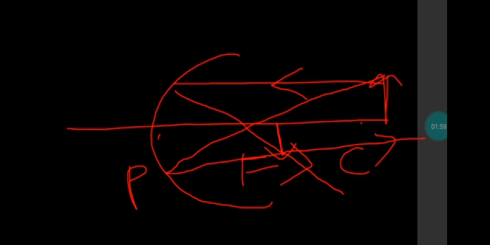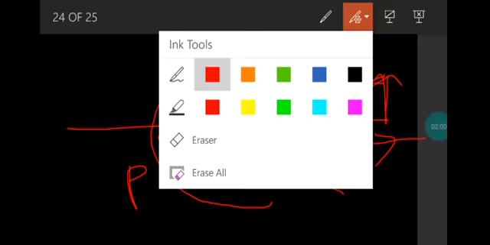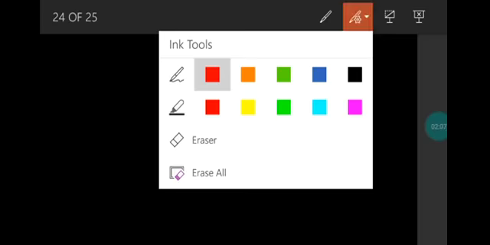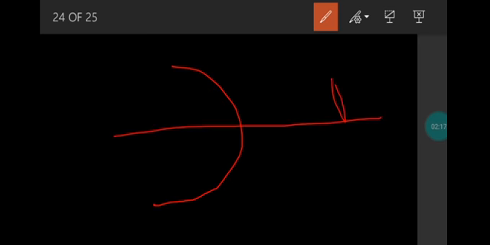In the case of a convex mirror, what happens is this mirror won't give you a direct image. It gives you the image when the rays are extrapolated, as I've discussed just now. This is our object.